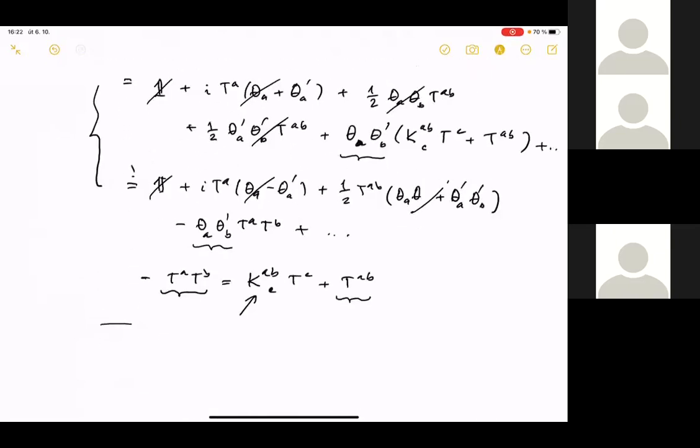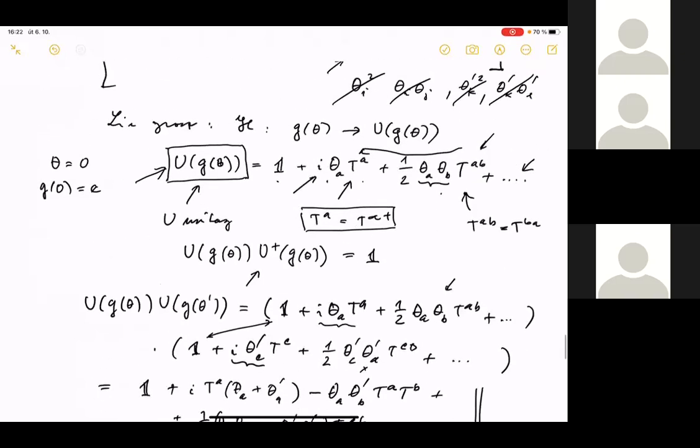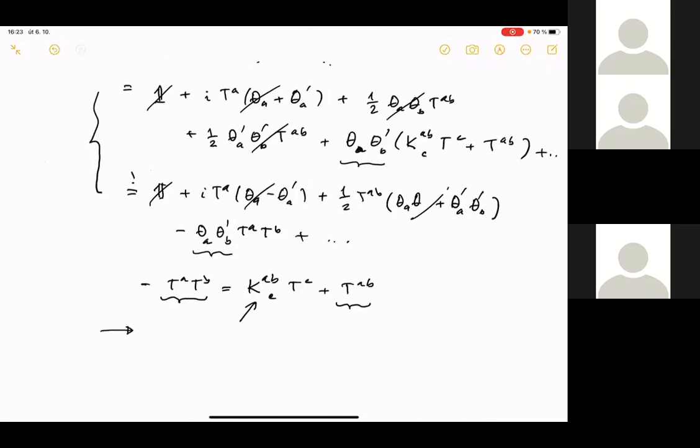And it is possible to continue this game and, in fact, express all the higher order terms which we have omitted here, which should be higher order in these parameters, and the coefficients will be some operators. So these operators, which are coefficients at higher order terms, are expressed in terms of these linear terms. So these linear terms are very important for us. These are called generators of the group, of the representation.